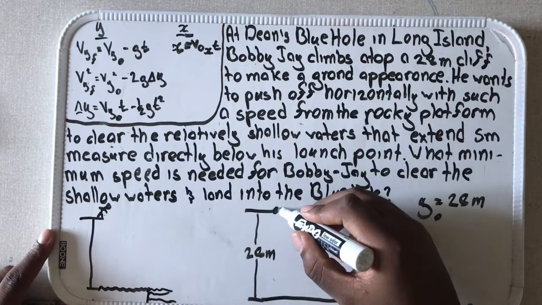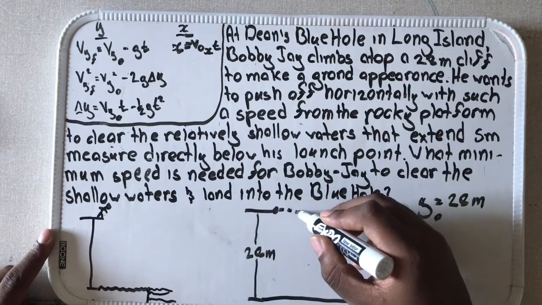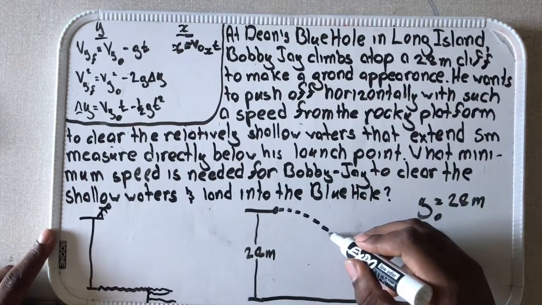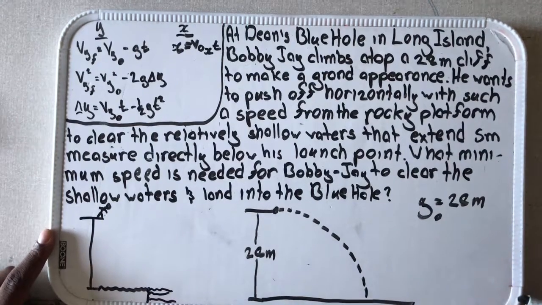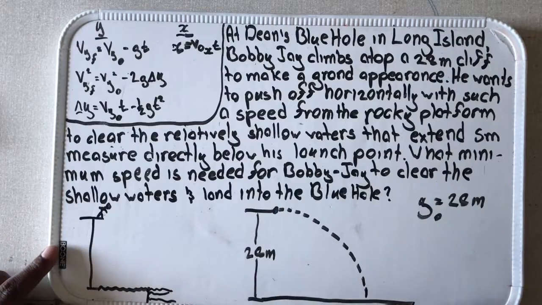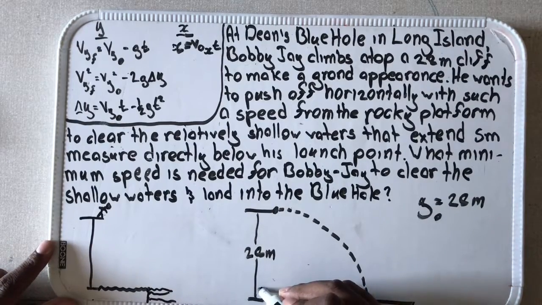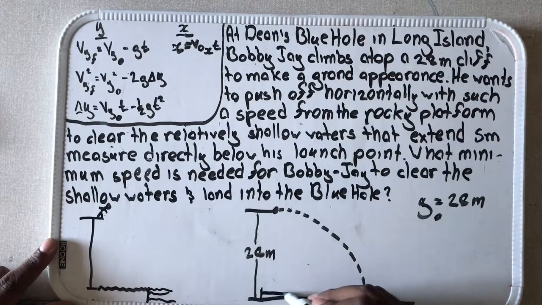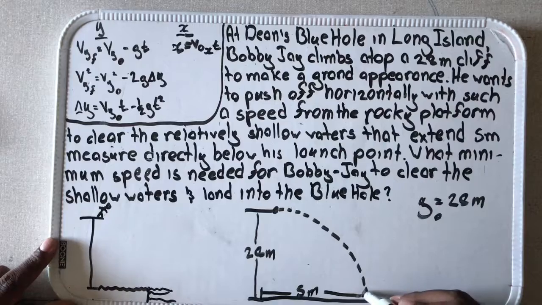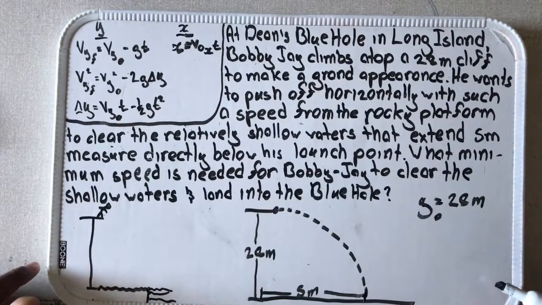Since I'm pushing off horizontally, I'm going to follow a path like that, and I know that the shallow waters extend 5 meters horizontally.